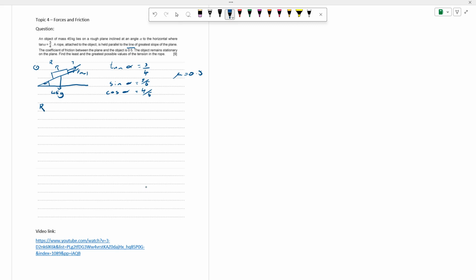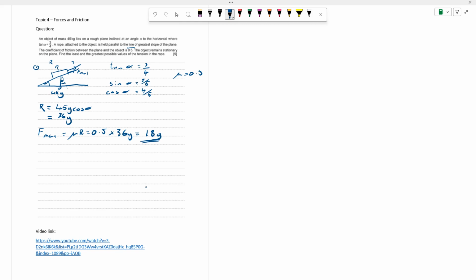So I've got my R should be 45g cos alpha, because remember, if that's alpha, that one there is alpha. That's resolving perpendicular, which means that R is 36g if I use my cos alpha from up here. Then I'm going to use my Fmax, which is mu R. So it's 0.5 times 36g, which is 18g.